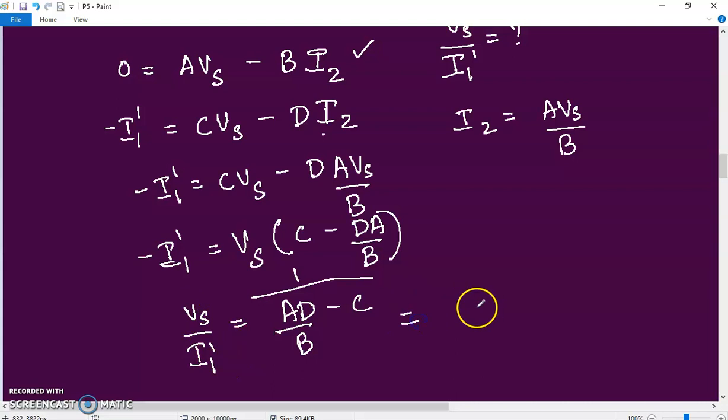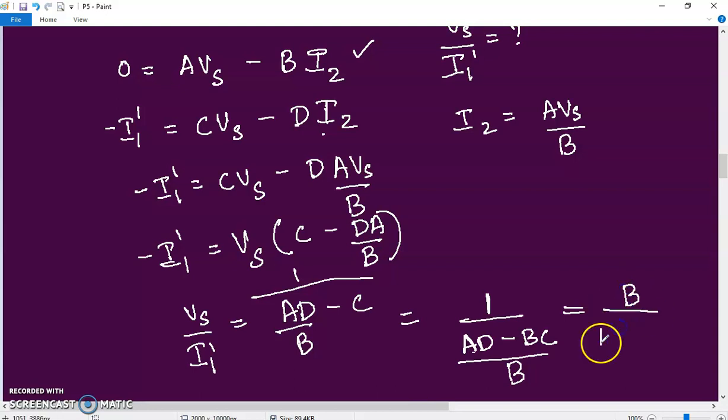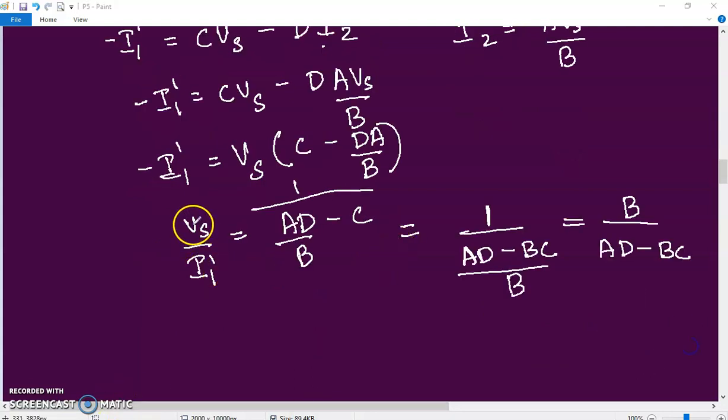So we can write 1 by AD minus BC by B, that is B by AD minus BC. This is the Vs by I1 dash in case 2.